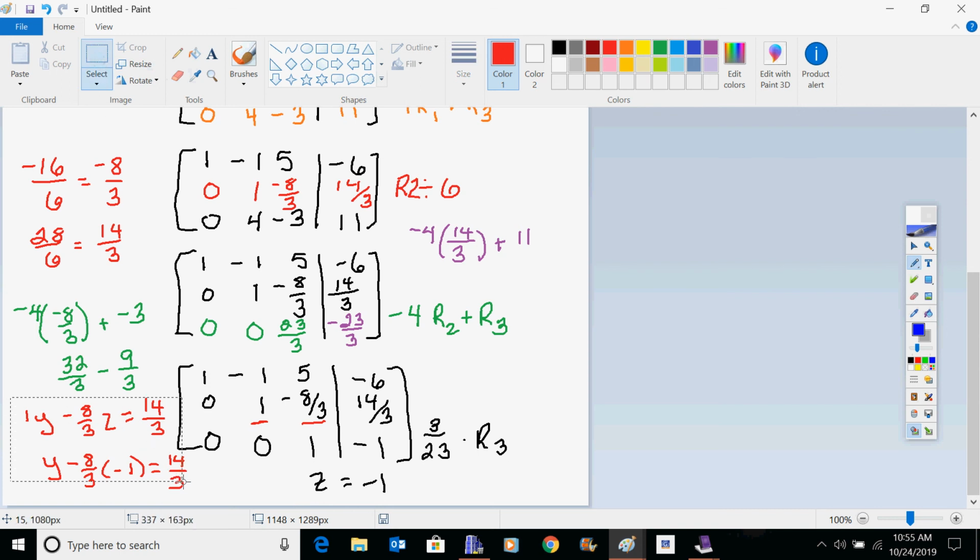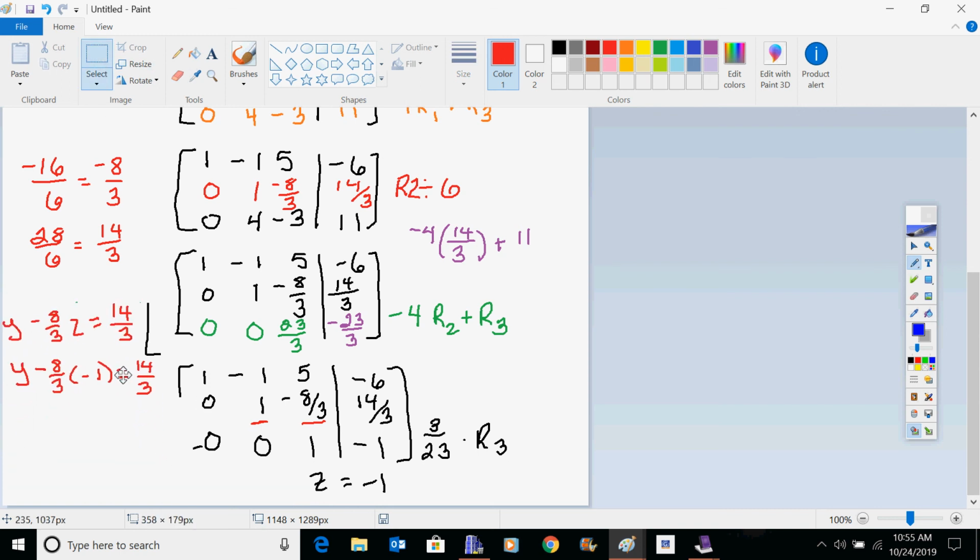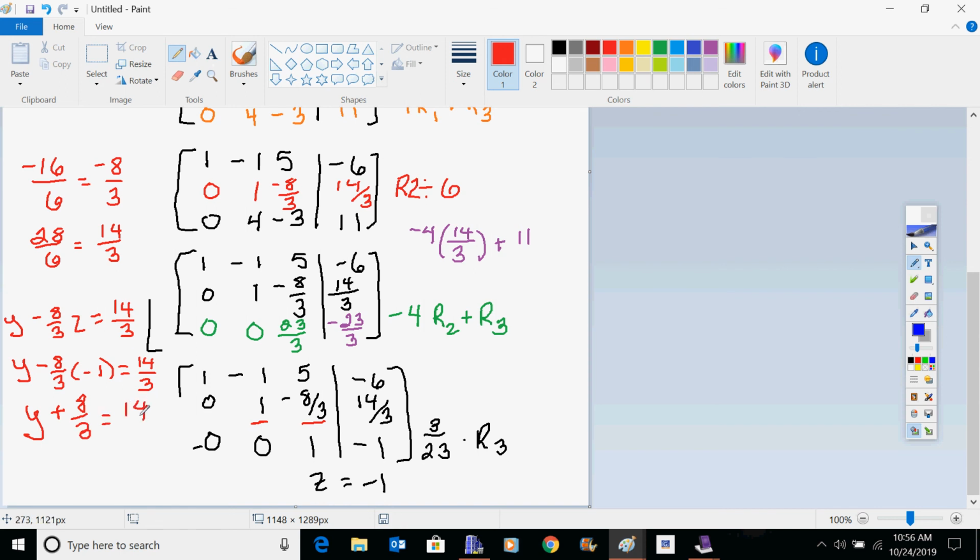If we finish this off, yes, y plus 8 thirds equals 14 thirds. Then when we take away 8 thirds from both sides, we get 6 thirds, which is 2. So our second answer is y equals 2.